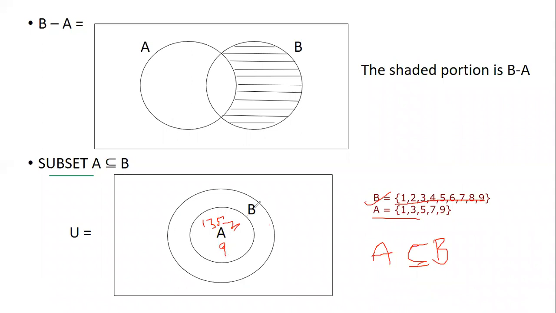Now, B already has all these numbers. B has 1, 2, 3, 4, 5, 6, 7, 8 and 9. So B is having all the 9 numbers.